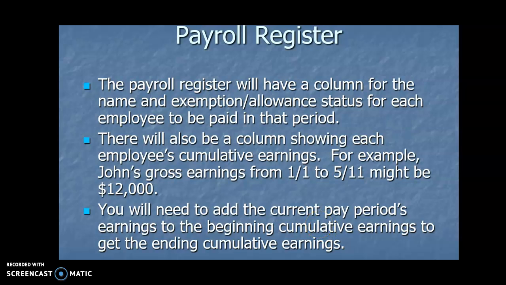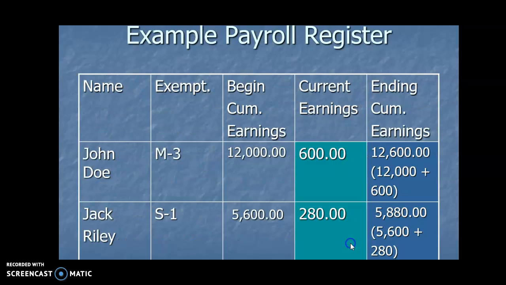For John, we're pretending that his gross cumulative earnings from January 1st to right before this check was $12,000. And here's a picture of the payroll register with John, his exemptions, his beginning cumulative of $12,000, and his current earnings.